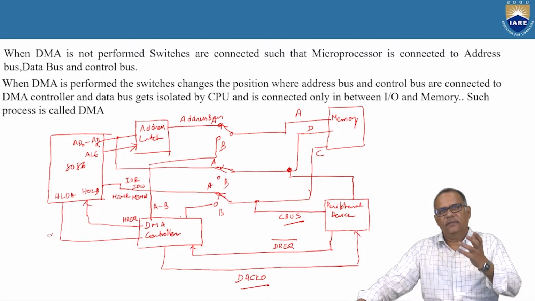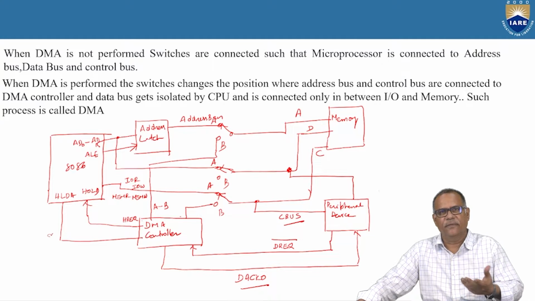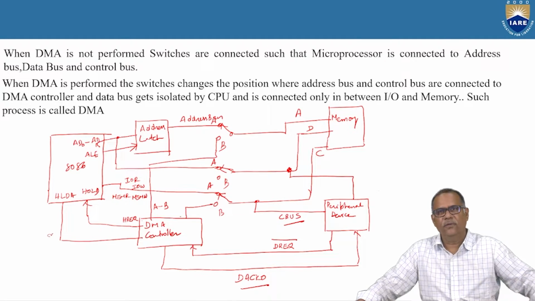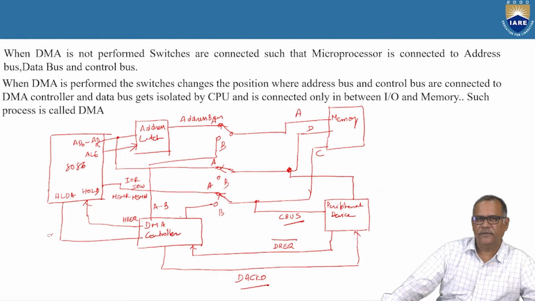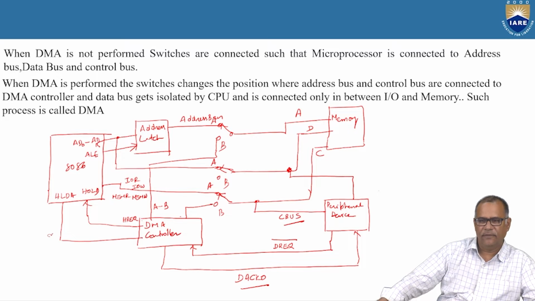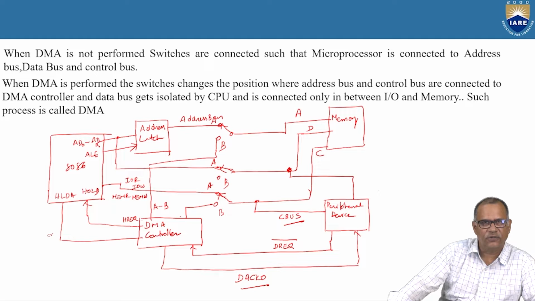So here the advantage of DMA is it facilitates fast transfer of data between the memory and the peripheral device. When DMA is not performed, the switches are connected in such a way that the microprocessor is connected to the address bus, data bus, and the control bus.